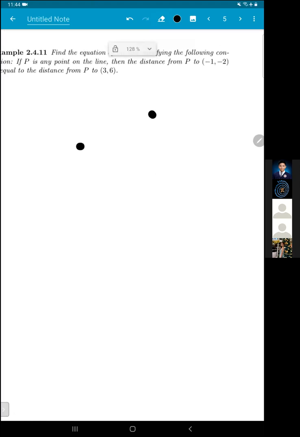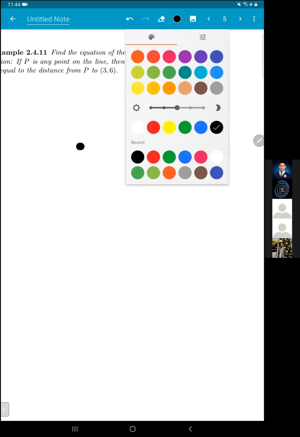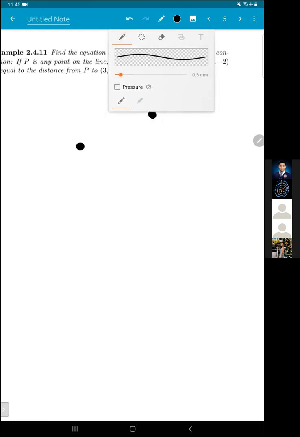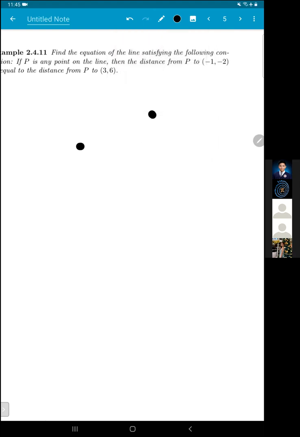So those are the 2 points. Now, the property of the line is that any point is equidistant from those 2 points. Now, one such point is the midpoint of the 2 points, right? Obviously, the midpoint is on the line that is being asked for, since it's equidistant.